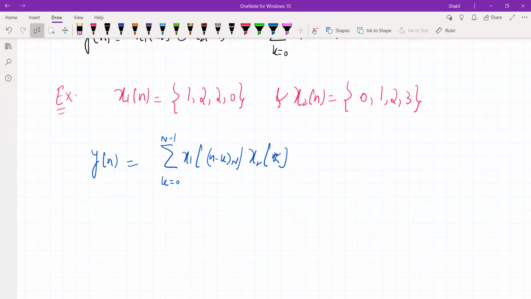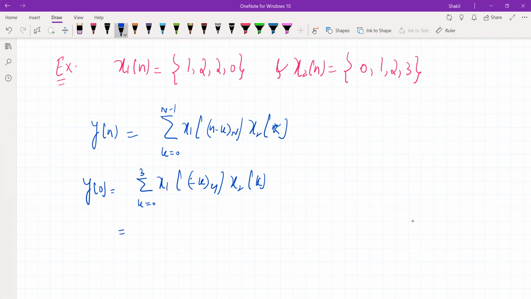Right, so to evaluate y of 0, we'll put n equal to 0, and n is equal to 4 here, so we have to evaluate 4 points. So this is the sum of x1 of (0 minus k) modulo 4, x2 of k.